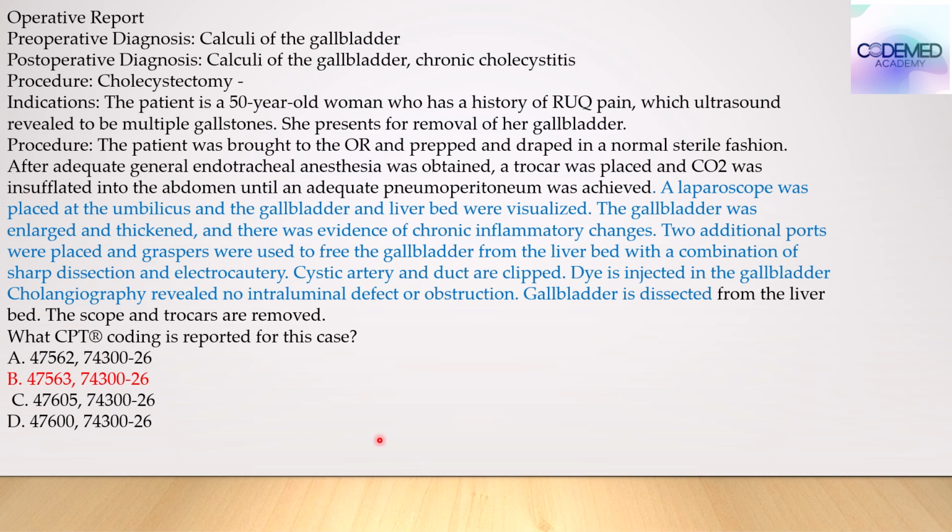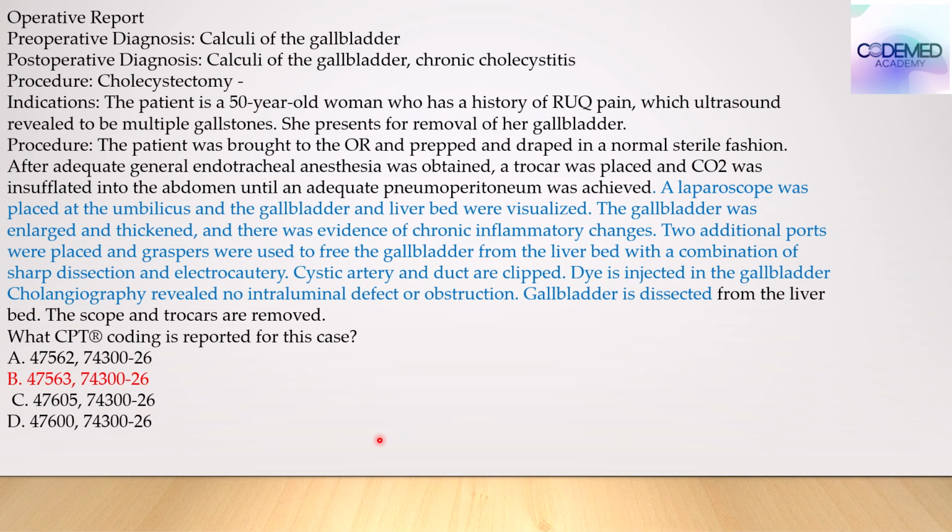So if you see the codes, 47562 is a laparoscopic surgical cholecystectomy, while 47563 is a cholecystectomy with a cholangiography.